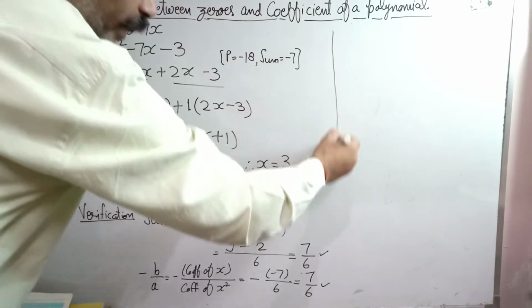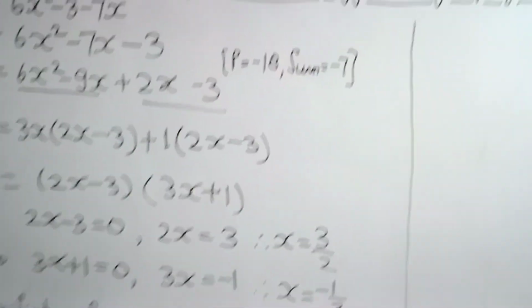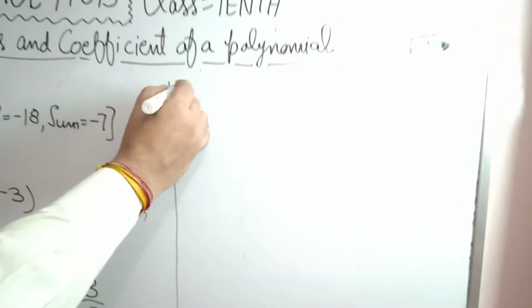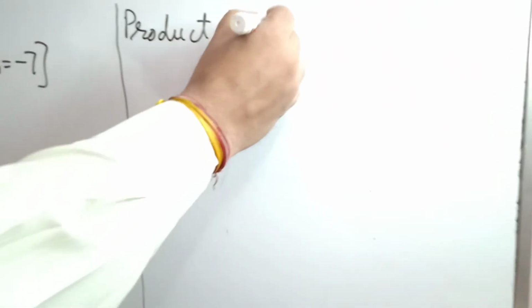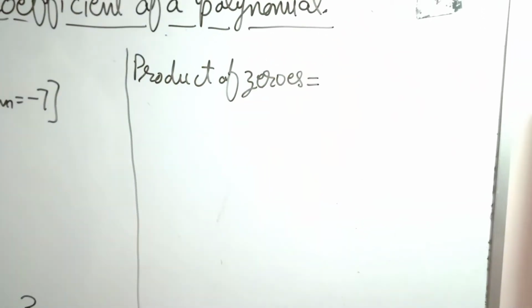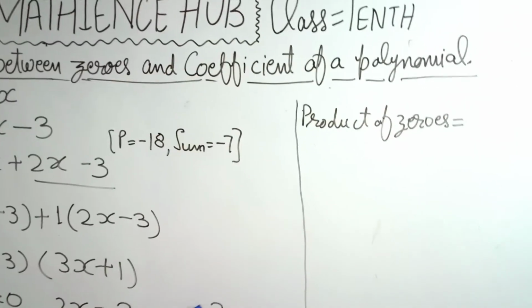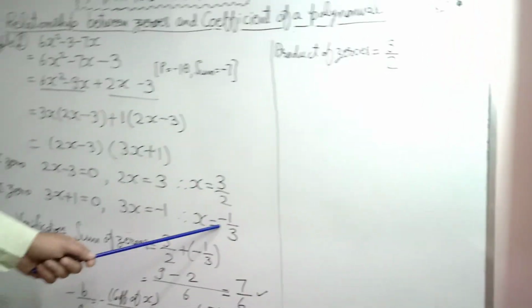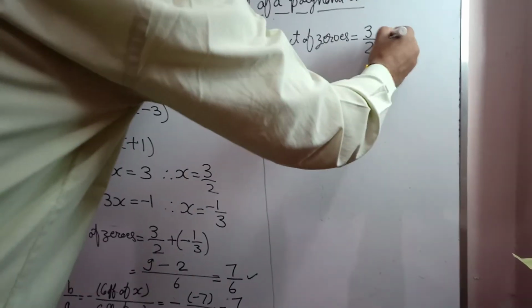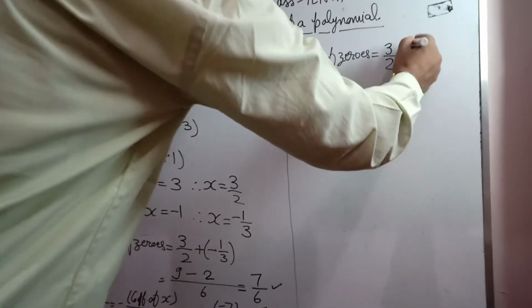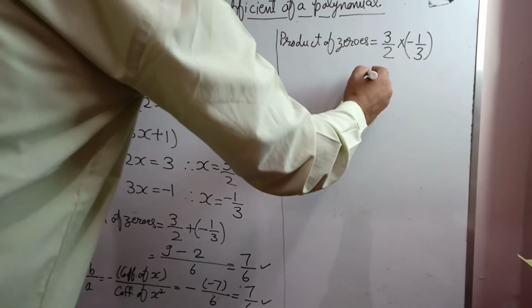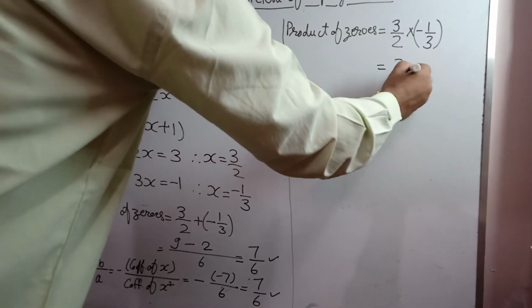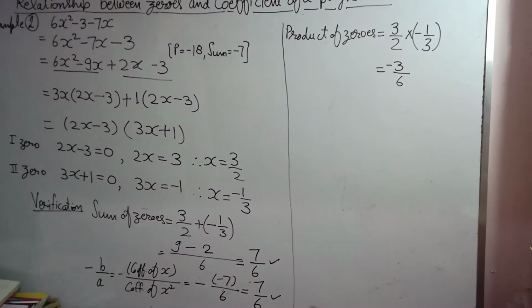Now we find the product of zeros. The first zero is 3 upon 2. The second zero is minus 1 upon 3. We multiply: 3 1s are 3, 2 3s are 6, so minus 3 upon 6.